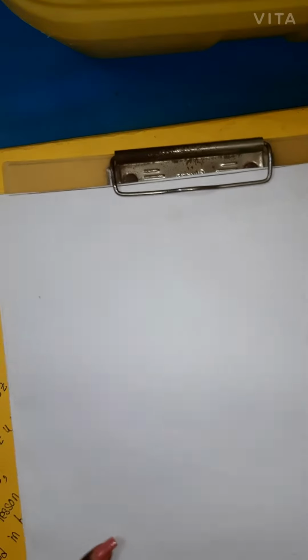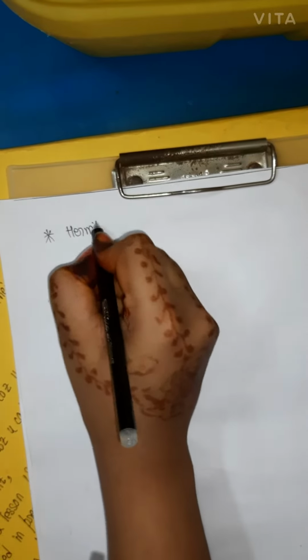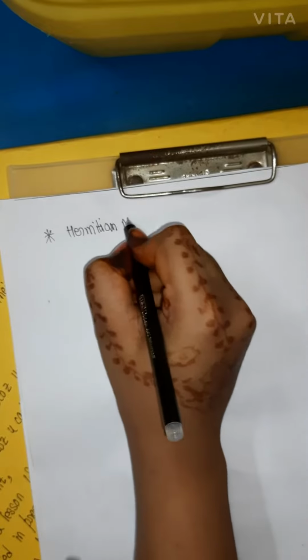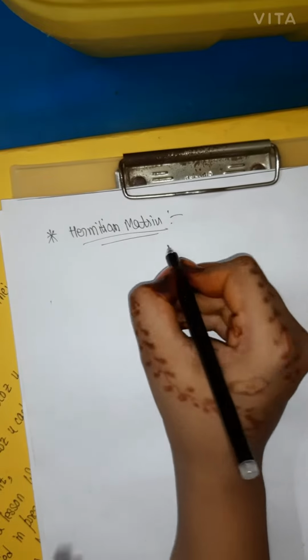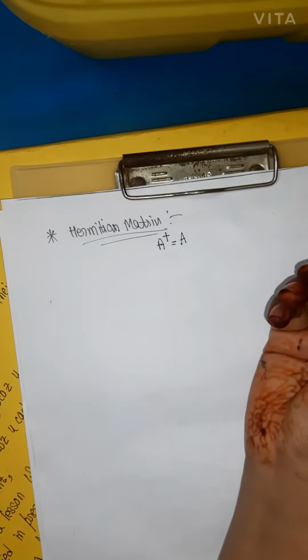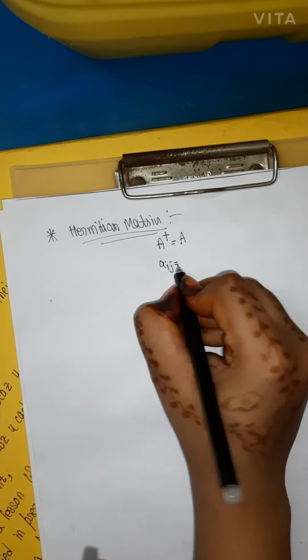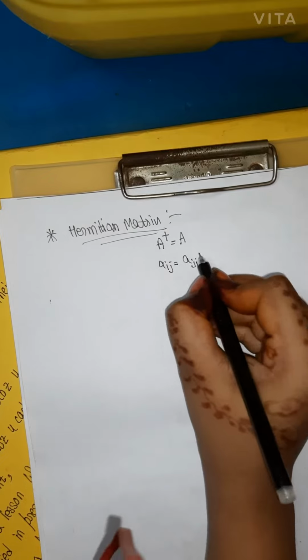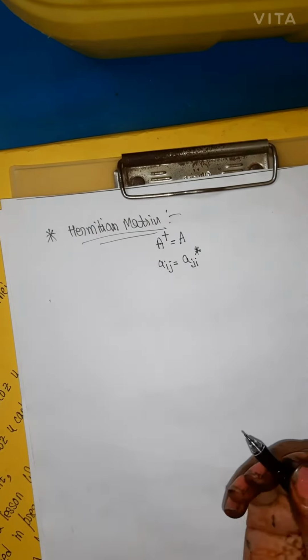Now we will see some other matrices, that is Hermitian matrix. What do you mean by Hermitian matrix? That is, A transpose conjugate must be equal to the initial matrix. It is Aij is equal to, first we do transpose and then conjugate. This must be the condition.